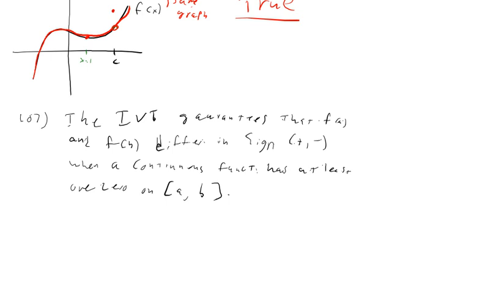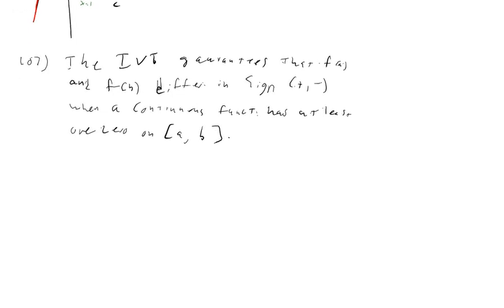So let's, again, break this down. Let's figure out what this is talking about. The intermediate value theorem, we know what that is, right? Low to high. It guarantees that f of a and f of b, so my low and my high, are going to have one positive, one negative, differ in sign.